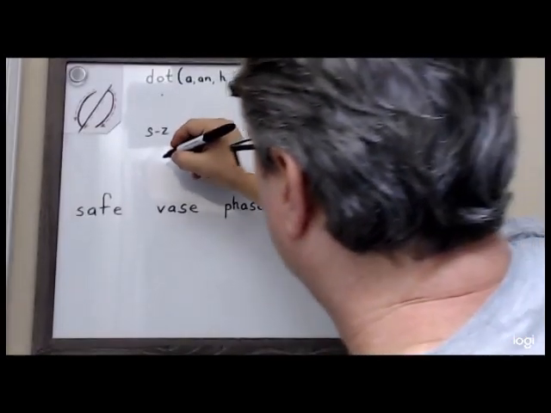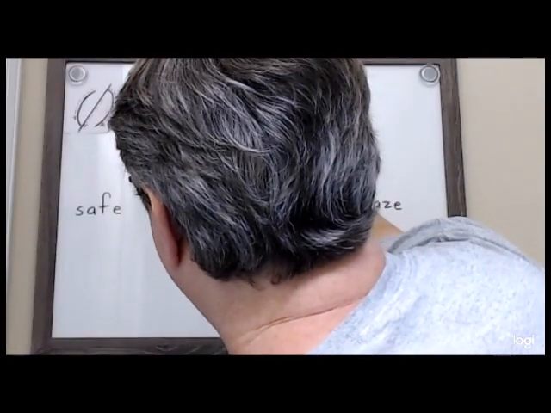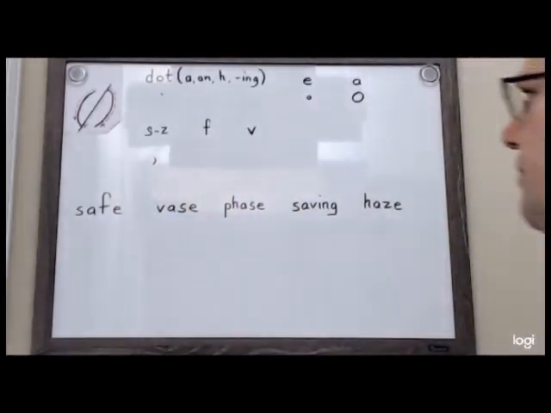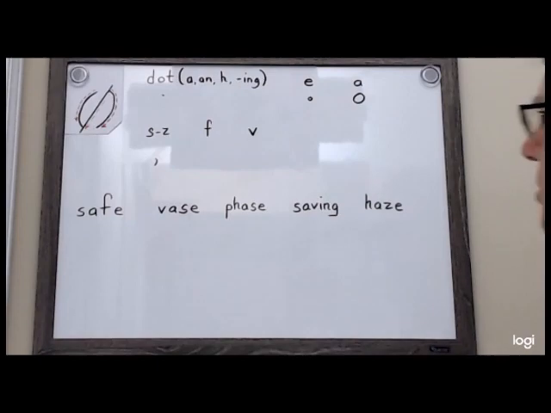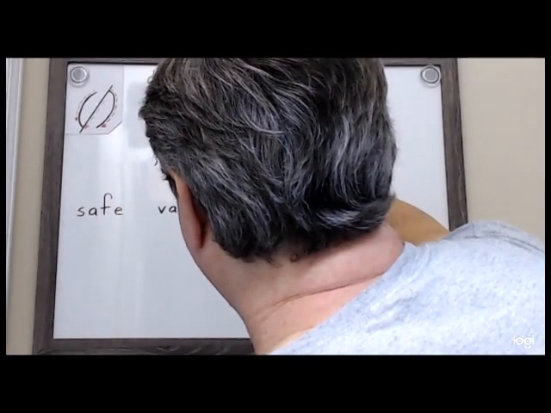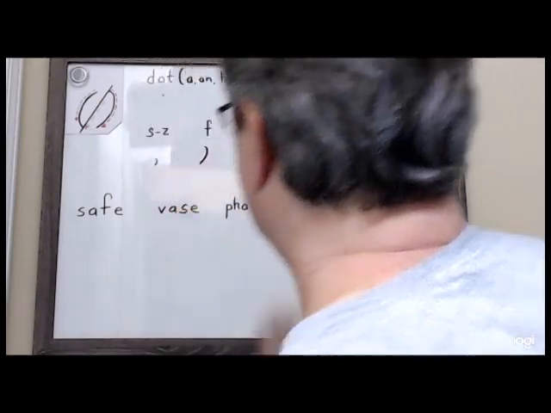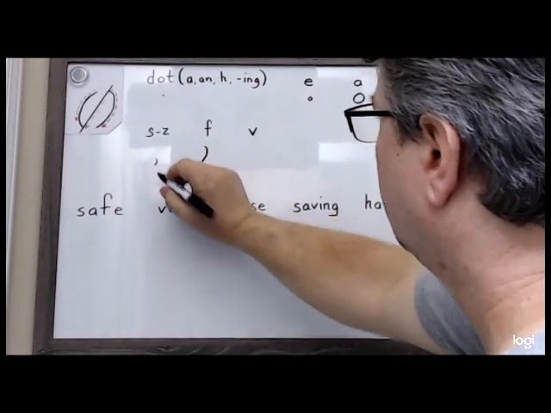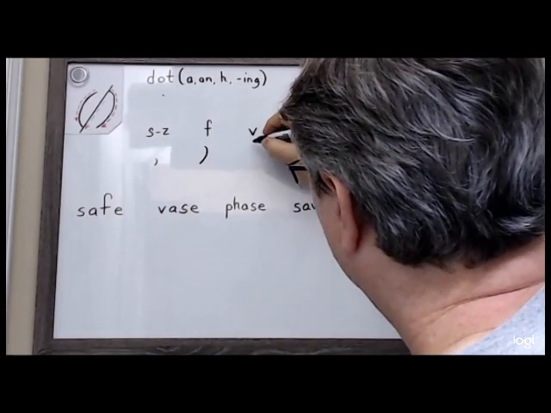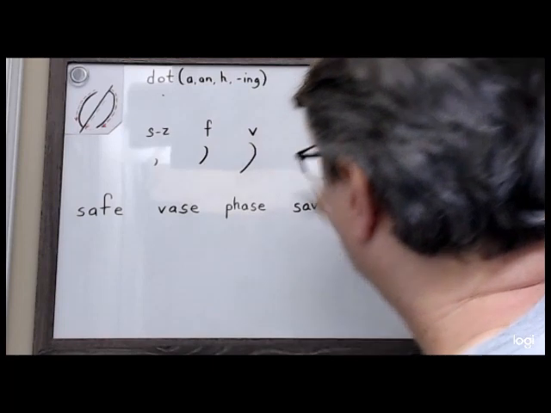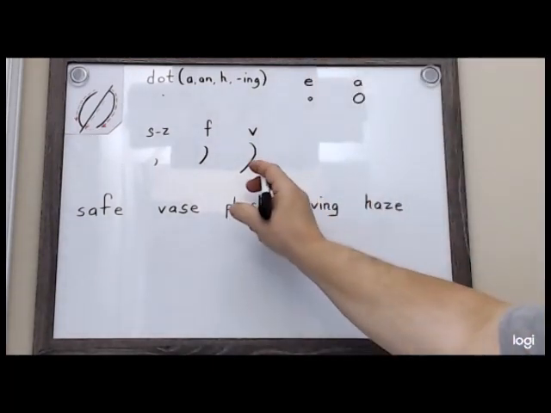So here we will write the S, which can also stand for the Z sound, then the F, which is twice as big as the S, then the V, which is twice as big as the F.